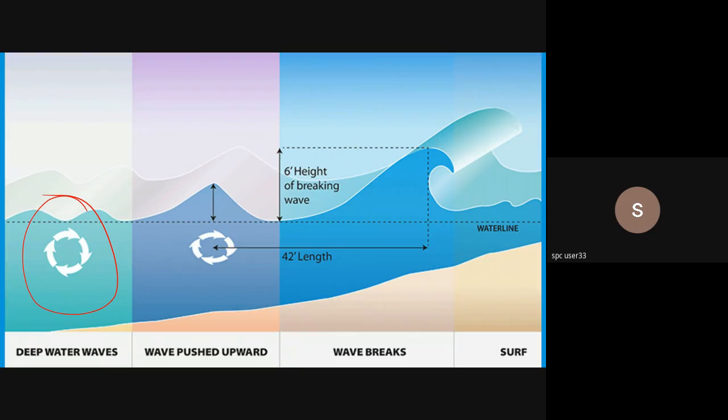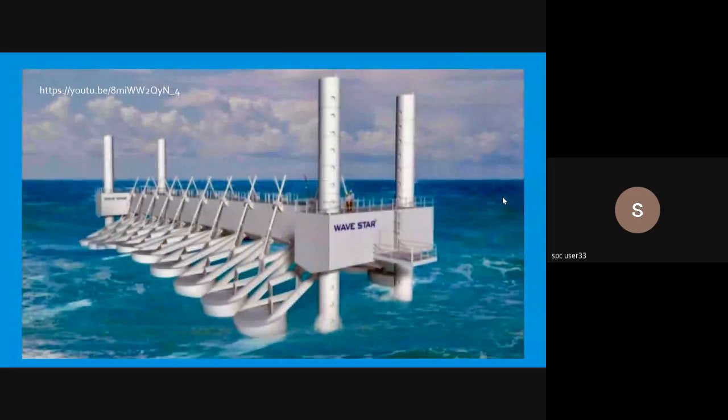As you start approaching, the circular motion is pressed a bit, and that's why the wave breaks here. Okay, and it collapses down here. That's called the surf zone. You'll see that the white foam that you see is in the surfing area.